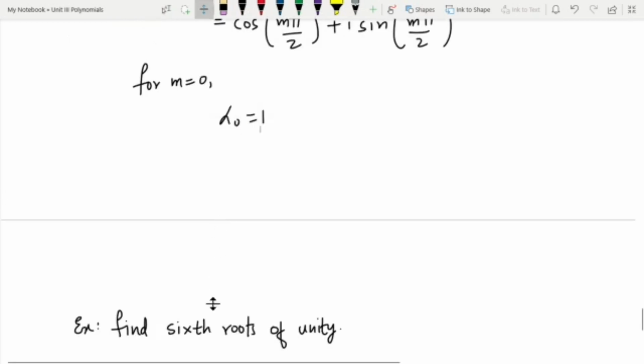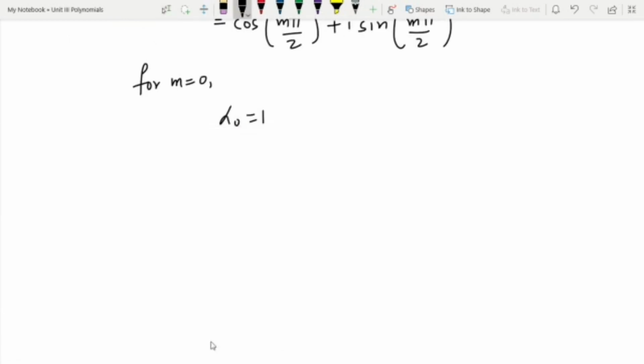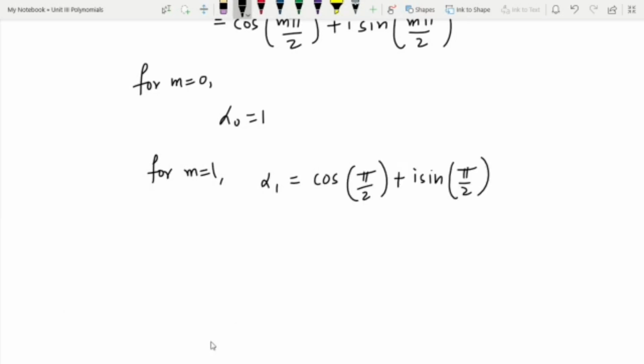For m equal to 1, your alpha 1 will be cos of pi by 2 plus i sine pi by 2. Now sine pi by 2 is 1 and cos pi by 2 is 0. So it is 0 plus i multiplied by 1, and that is nothing but i.